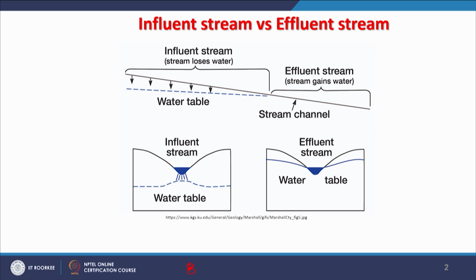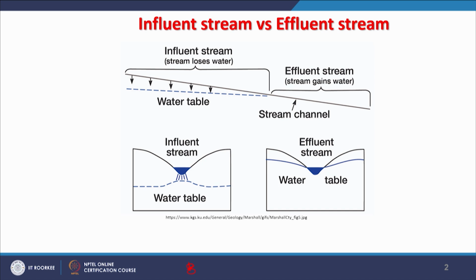Because the names are so close that some may get confused, I thought I would discuss this first. Influent streams are those streams which contribute to the water table. That means the stream itself is recharging the groundwater, and effluent means that it is getting water from the water table.